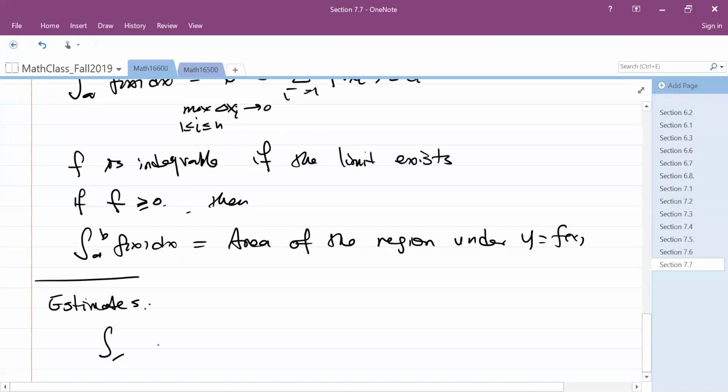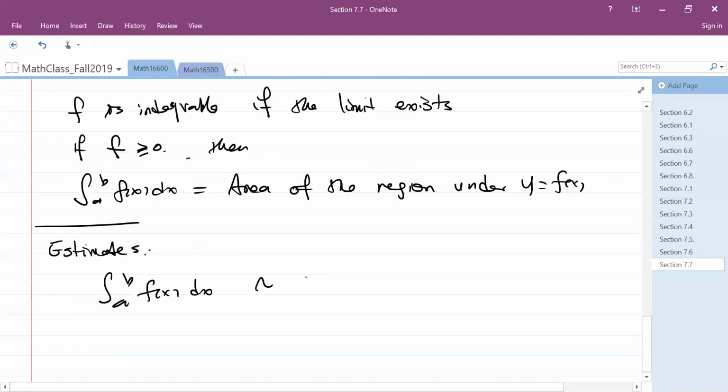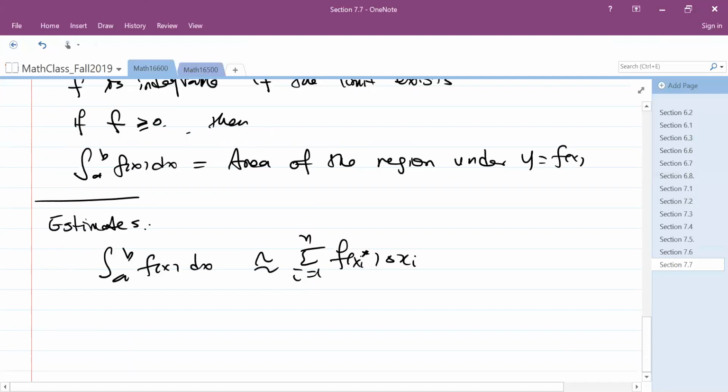So the integral of the function is defined as a limit. As long as you choose a partition of the interval and the points in each interval, you get a Riemann sum. This Riemann sum is going to be a good approximation when n is sufficiently large and the size of the subinterval is going to be smaller and smaller.